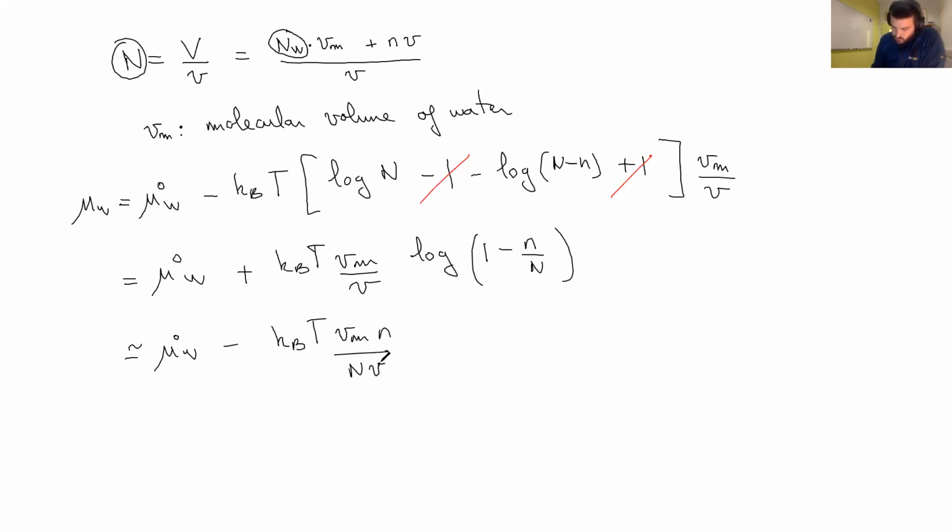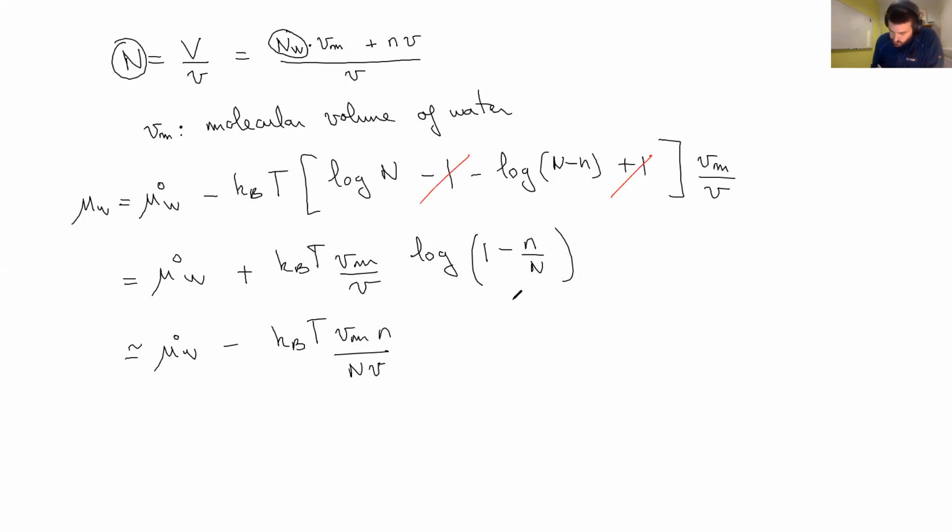Yes, I think Baptiste stopped at the log, in fact, but we can simplify it further. This is the situation where you are dealing with the chemical potential of the solvent. The log is there when you are dealing with the chemical potential of the solute. Okay, so there you would keep the log, but when you are dealing with the solvent, it's really present abundantly, and then you can Taylor expand the log.